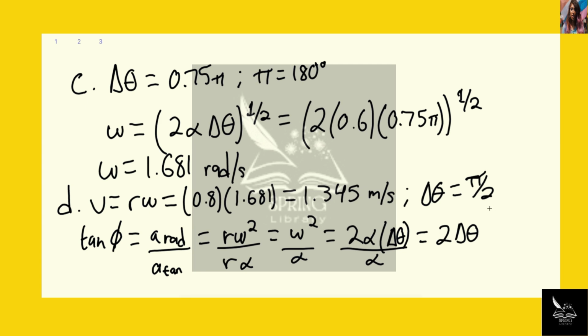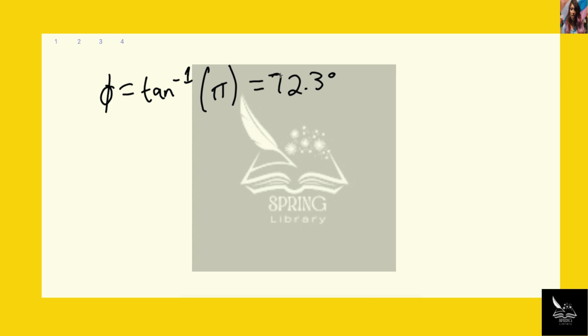And then at this point, we can say that our tan of phi, rather, is going to be pi. And phi then equals arctan of pi, which is 72.3 degrees.